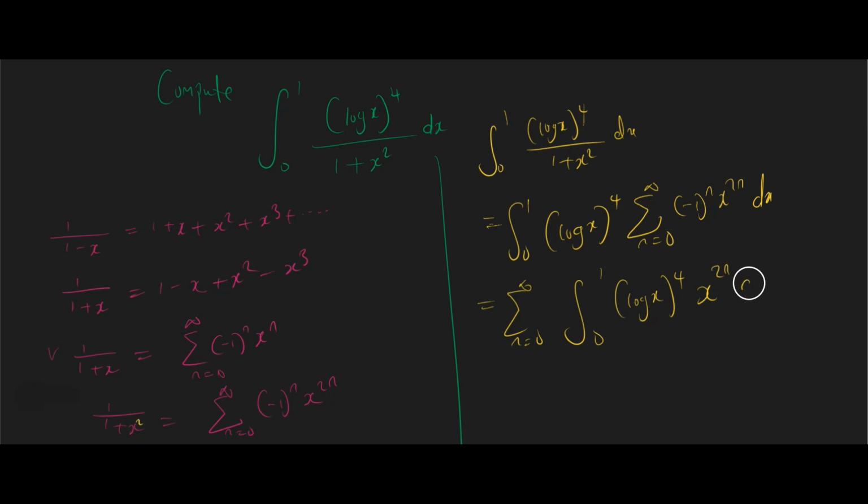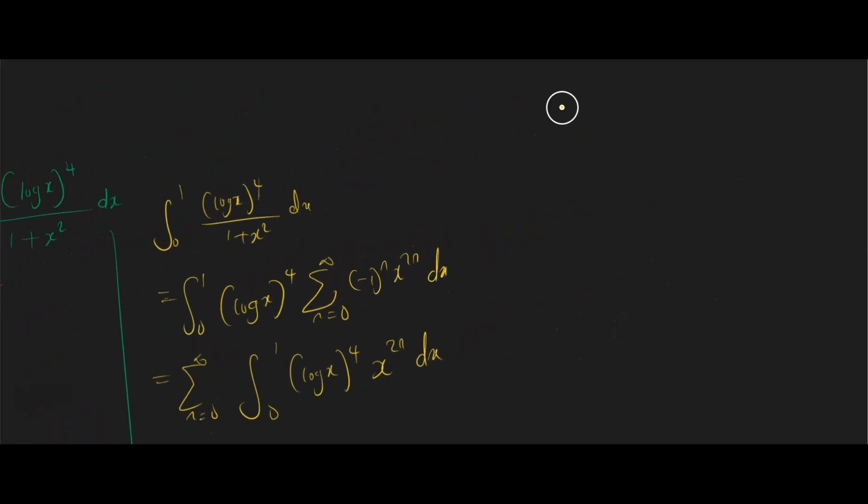Now one good trick you should recognize here is that when you take y to be, let's say, x to the 2n, if you take dy over dn, you end up with 2 times logarithm of x, then x to the 2n.